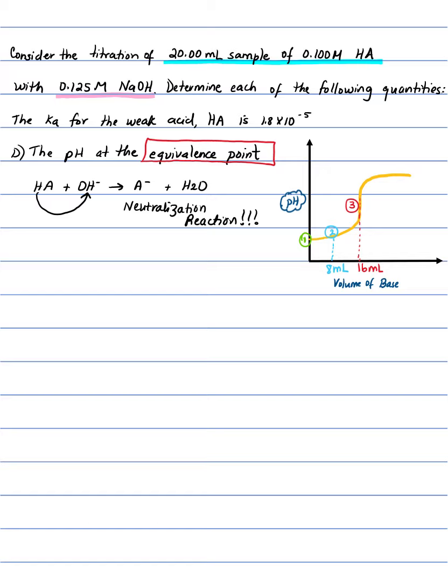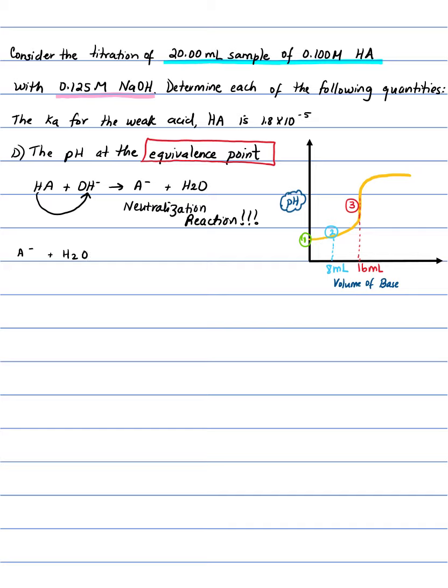So what you have now is just the conjugate base and water. So at the equivalence point, the chemical species that are present in my flask are the conjugate base and the water. Okay?